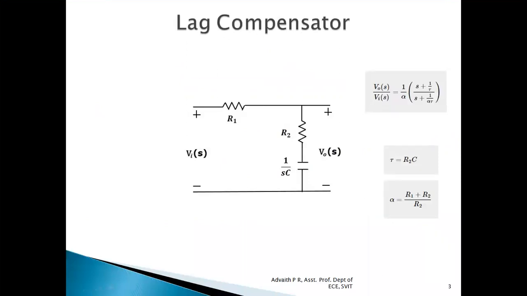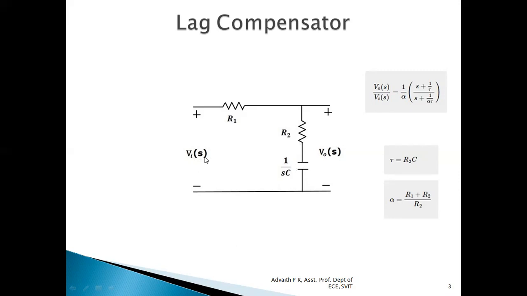The lag compensator is an electrical network which produces a sinusoidal output having phase lag when a sinusoidal input is applied to it. The lag compensator circuit in S domain is as shown in this particular figure. We have two resistors R1 and R2, and one capacitor which is connected in series with R2.